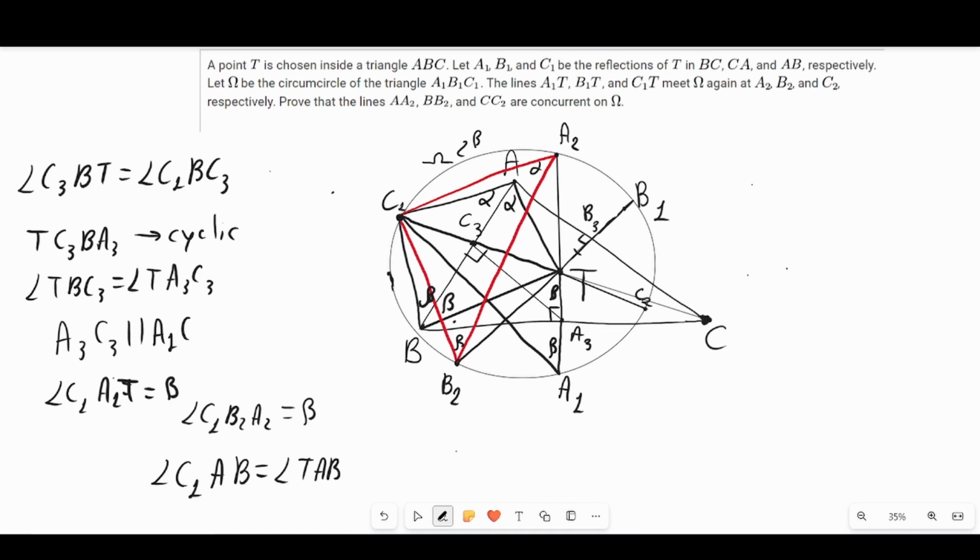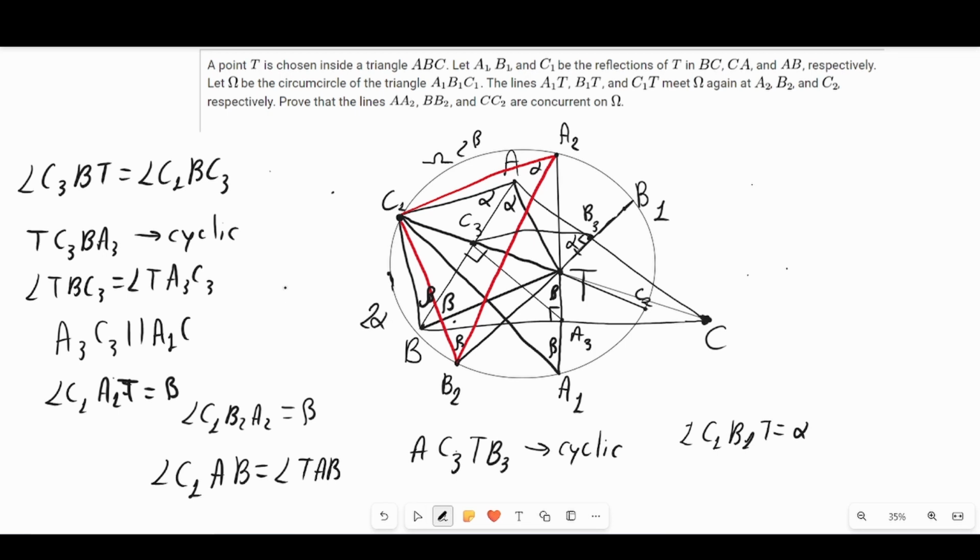To prove this, we need to take C1, C3, B3, so the cyclic quadrilateral AC3TB3 gives us the property that angle C1B3T is also alpha, so angle C1B1T equals alpha, so arc C1B2 must be 2 times alpha.